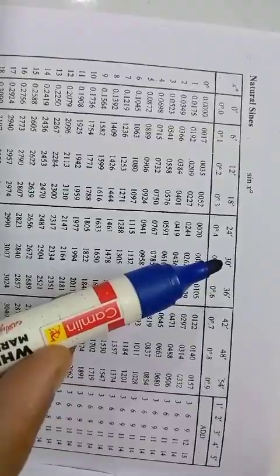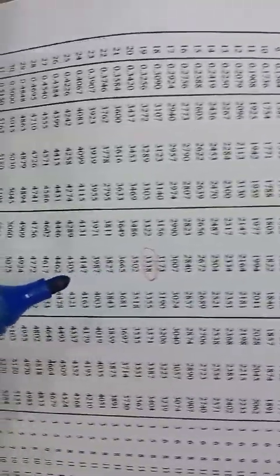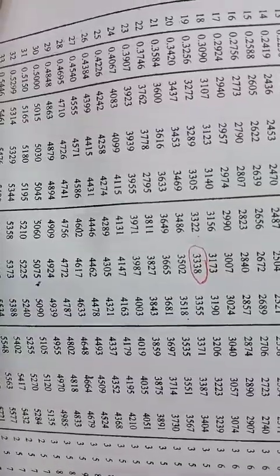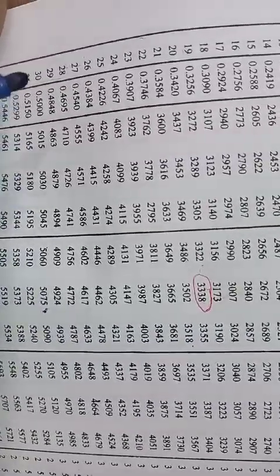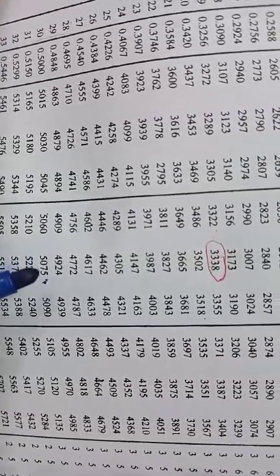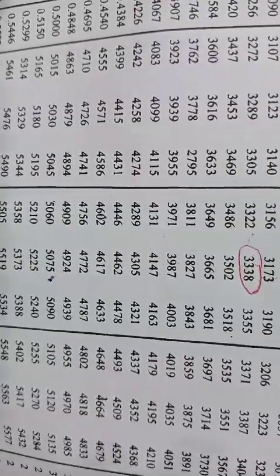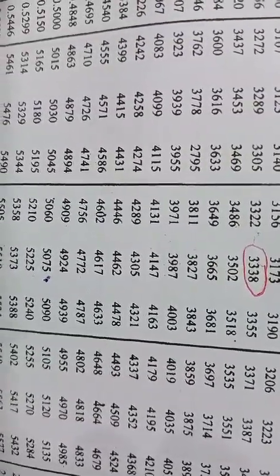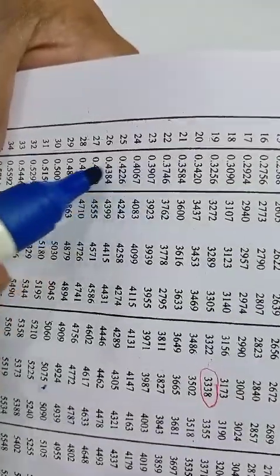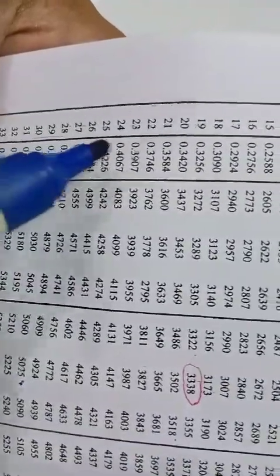Okay, you can have a look. This is the 30-minute column. So you come down, okay, and this is the 30 degree row. So you have 5075. Now please note that this is not 5075, it always is supposed to have a decimal in front of it. As you can see, in this first column they have mentioned the decimal 0.0.0.